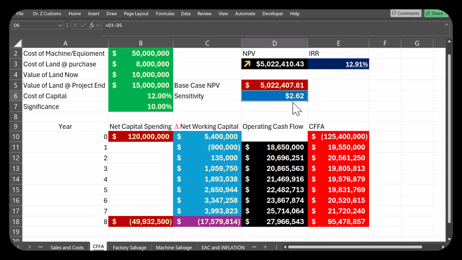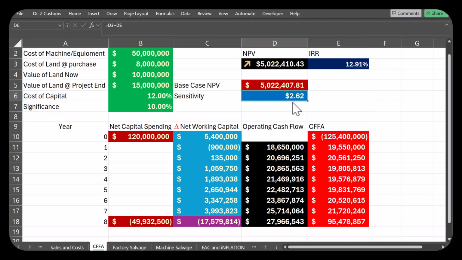Alternatively, think about that. Instead of $90 million first year sales, what if I had 88? And based on that, that's going to give me a decline of NPV that is above $5.2 million, which is going to end up making my NPV negative, right?